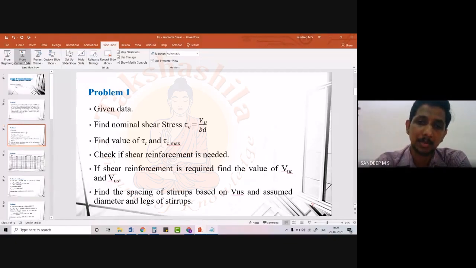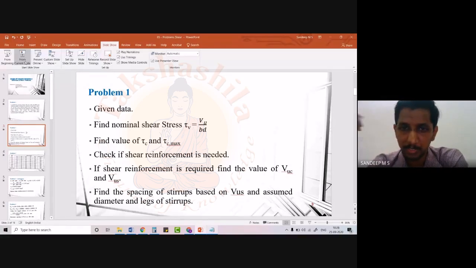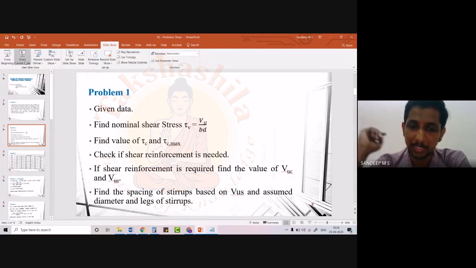Then, based on the type of shear reinforcement that you are going to provide, whether it is vertical stirrups, inclined stirrups, or in this case, we don't have any bend up bar, so we cannot go with the third option. So you can decide that, and you can assume some number of legs and diameter, then you can design the actual spacing. So that is the design of shear reinforcement.